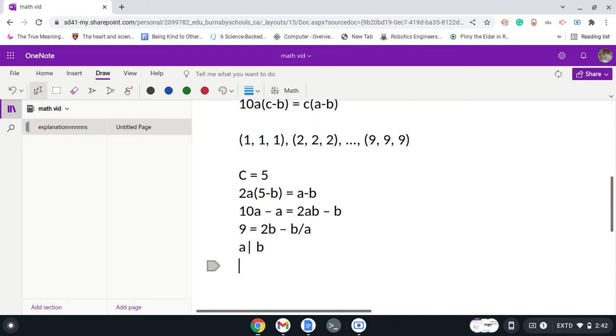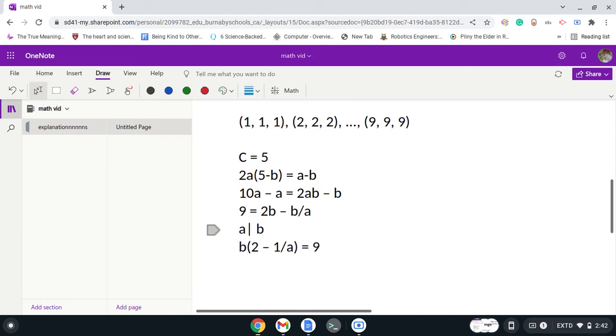Okay, so now we can factor the right-hand side, and that'd be b times 2 minus 1 over a is equal to 9. And we can write that as b over a times 2a minus 1 is equal to 9.